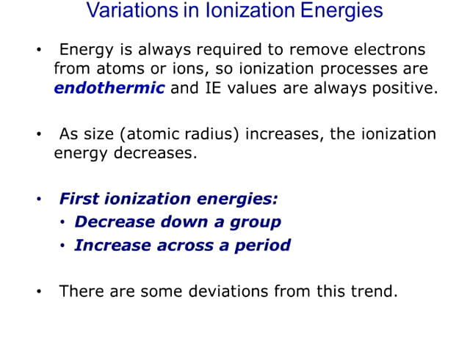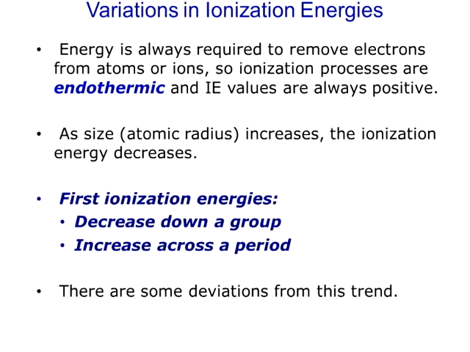Another principle about variation in ionization energy is the following. Energy is always required to remove electrons from atoms or ions. So ionization processes are endothermic. That is a critical part of this discussion to remember. They are endothermic processes.